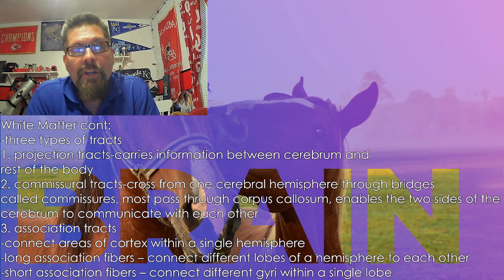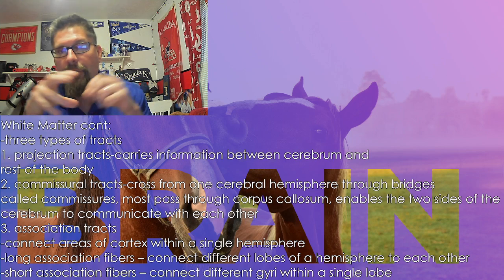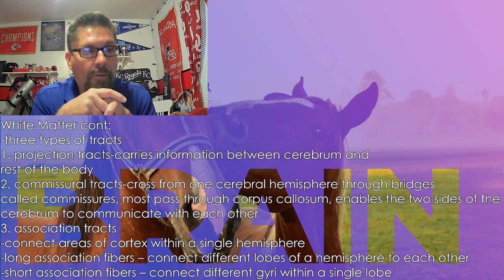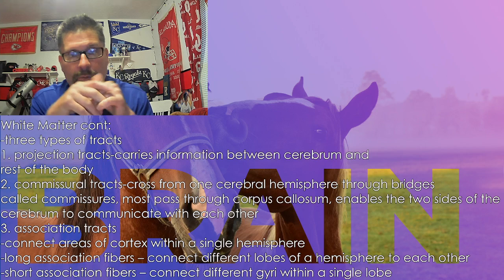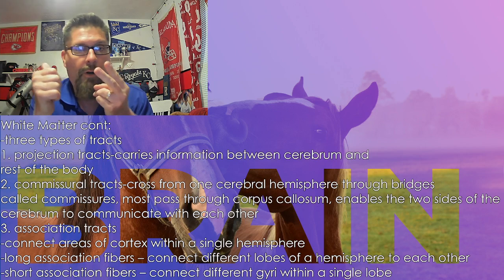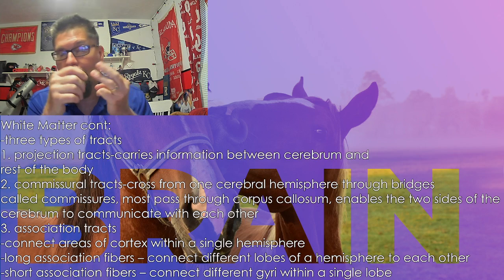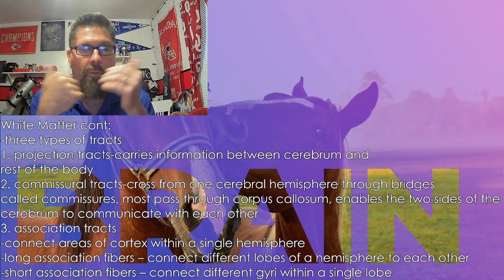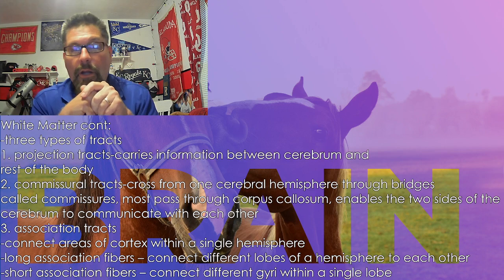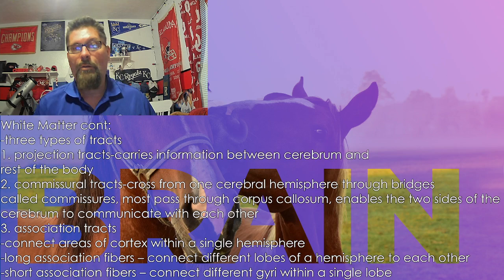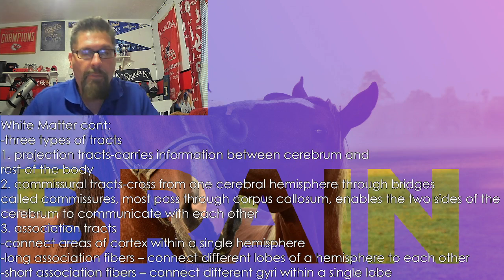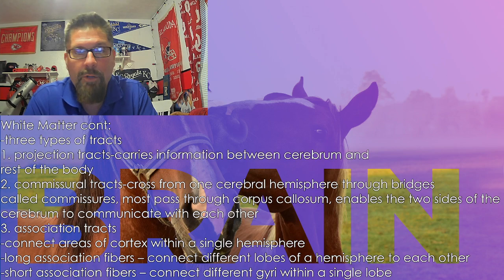But that's to get the information to these different areas of the brain that handle that particular function. So whether I'm trying to write, speak, draw, or walk, any information is handled by that particular area of the cerebrum or the cortex, and it has a pathway to get there.